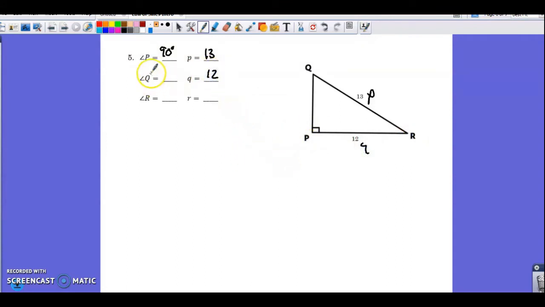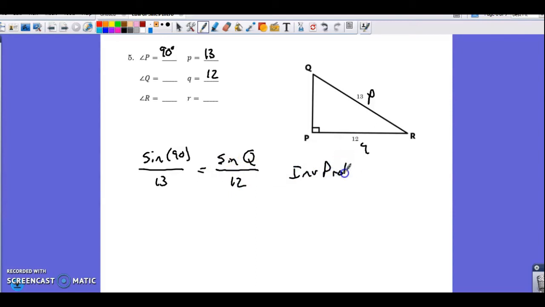So this is another one of those where I'm going to have to do sine of 90 over 13 equals the sine of, I don't know Q, over 12. So that's an inverse problem. Because whenever you need to know an angle, it's going to be an inverse problem.